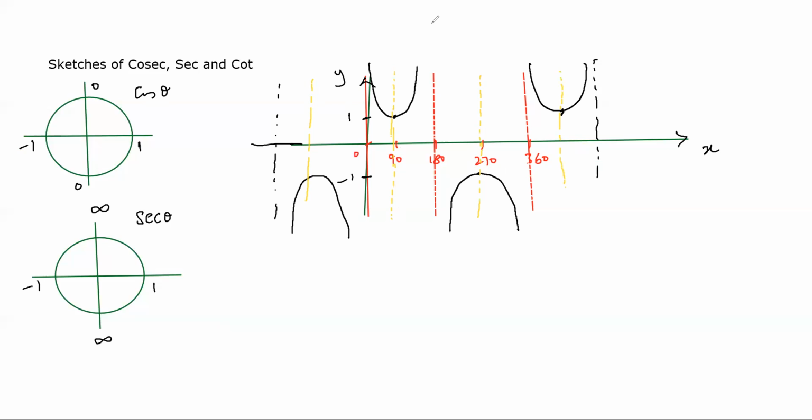Now, cos is 1 at 0, so is the secant. So it is going to be like this. This red one is going to be the graph for the secant.